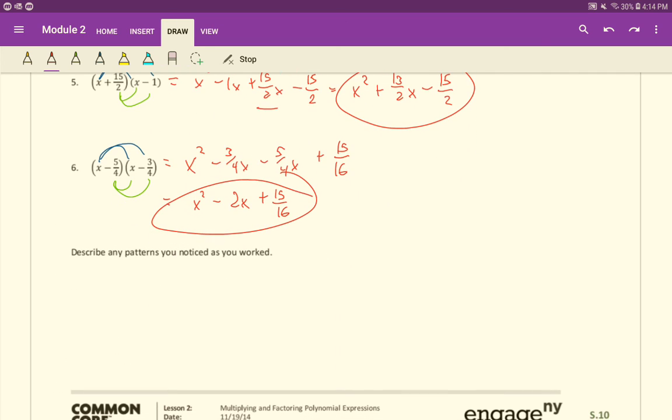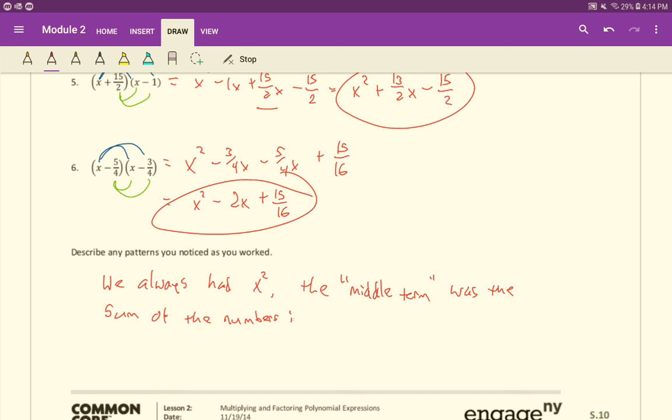Describe any patterns you noticed as you worked. We always had an x squared. The middle term, we'll call it, that's this term right here, was the sum of the numbers in the binomials.